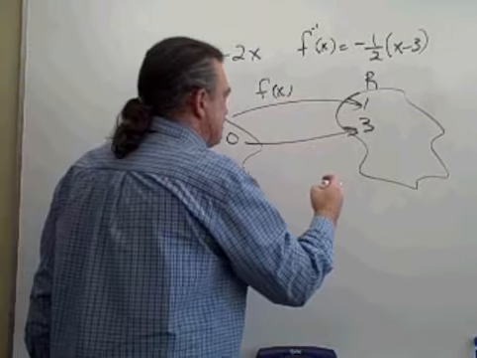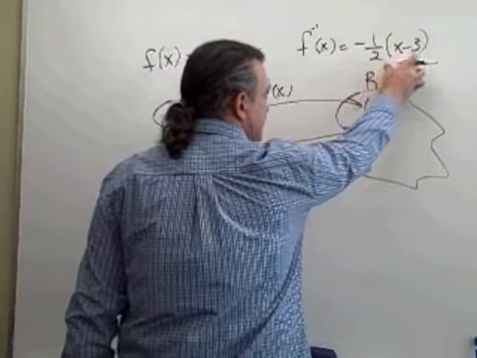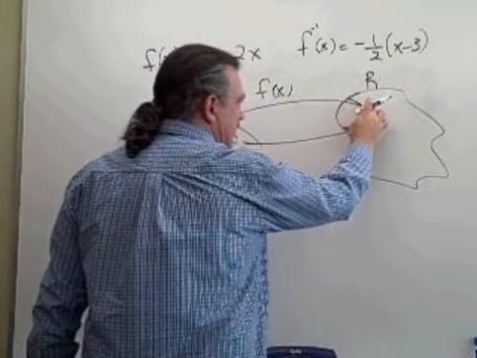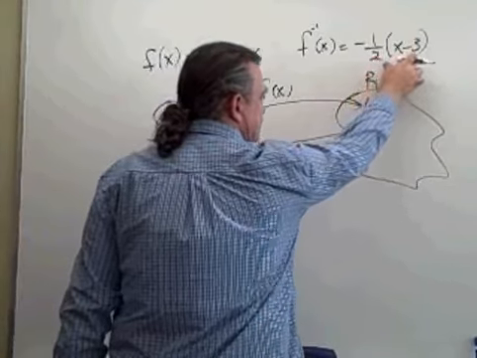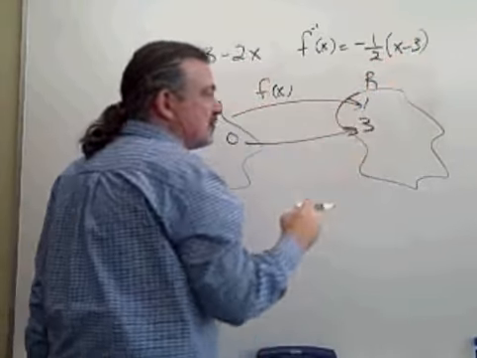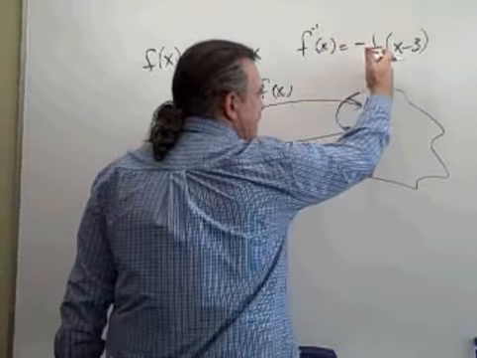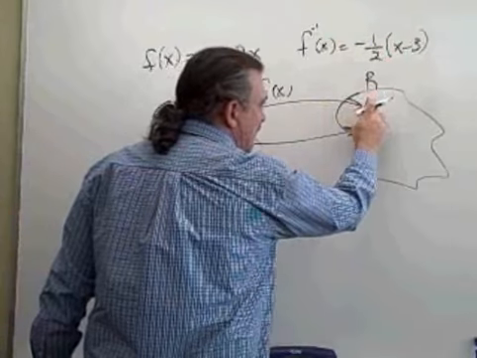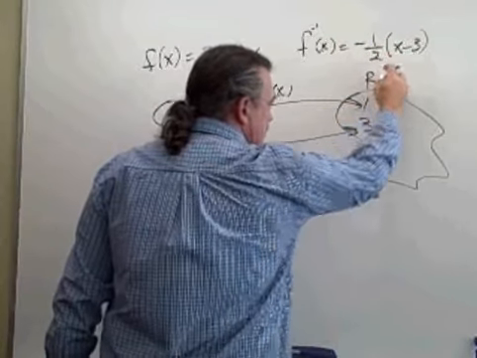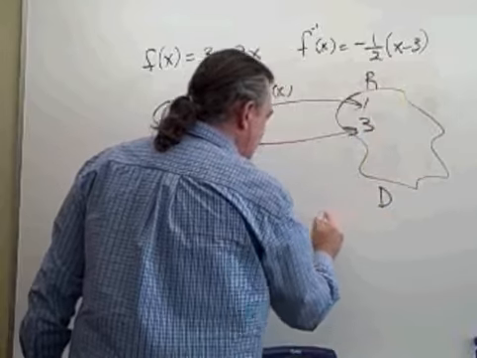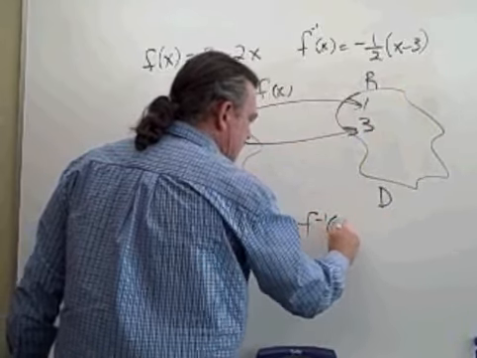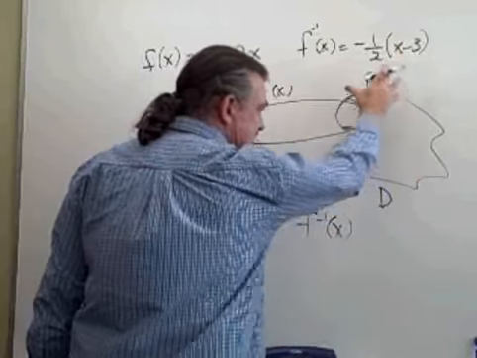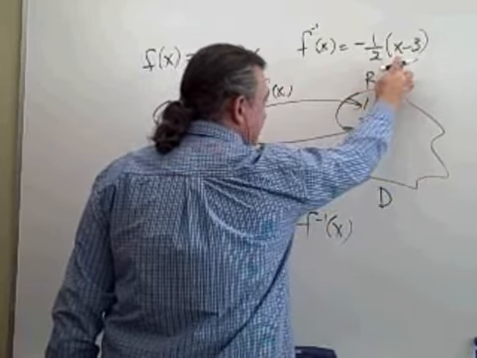But now look what happens if we take these values and put them into f inverse. If we take 1 and put it into the expression for f inverse, 1 minus 3 is -2. -1/2 times -2 is +1. So when I use these values and put them in for x, then this set becomes the domain of that function.